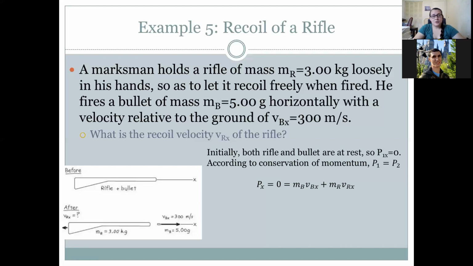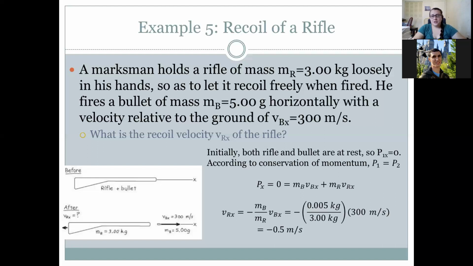And if we remember from yesterday, momentum is the real MVP. So momentum for any particular object is the mass of that object times its velocity. So the mass of the bullet times the velocity of the bullet plus the mass of the rifle times the velocity of the rifle. That is our total momentum.